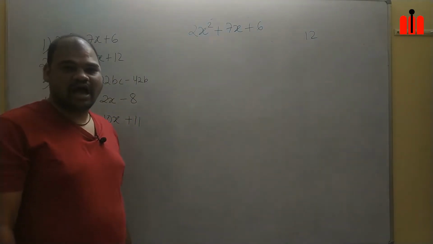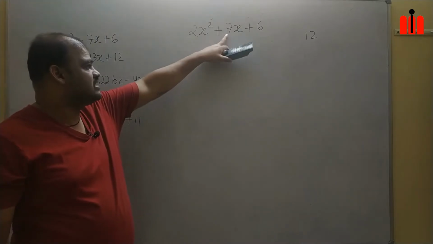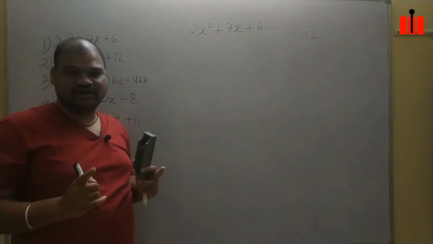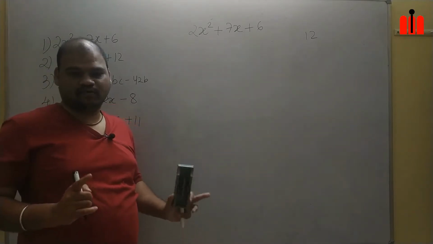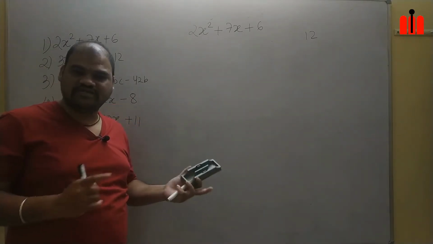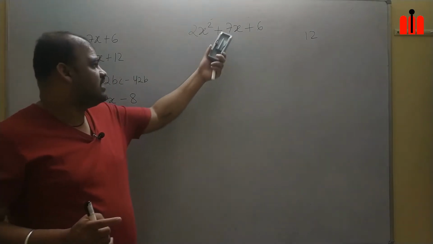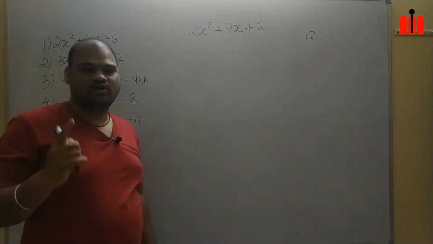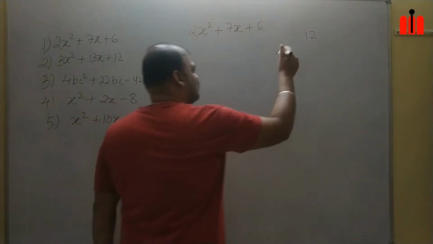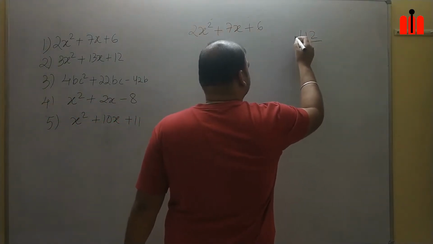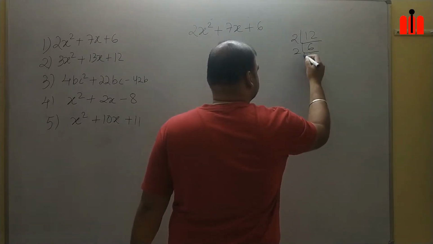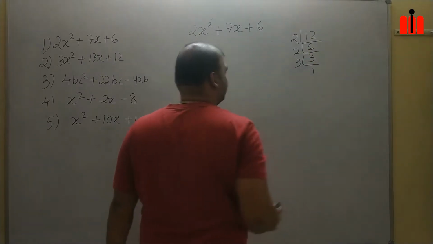After that we have to split 7 in such a way that the product of that split is equal to 12. That is what acbd is. So I will split 7 in such a way that the product of the two numbers is 12. Here 2 sixes are 12, 2 threes are 6, 3 ones are 3.